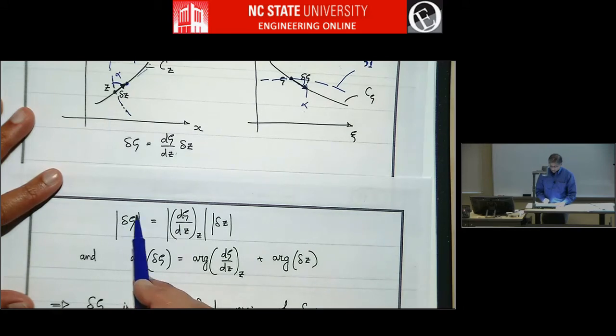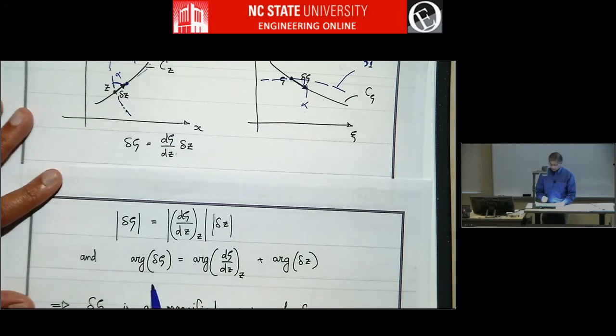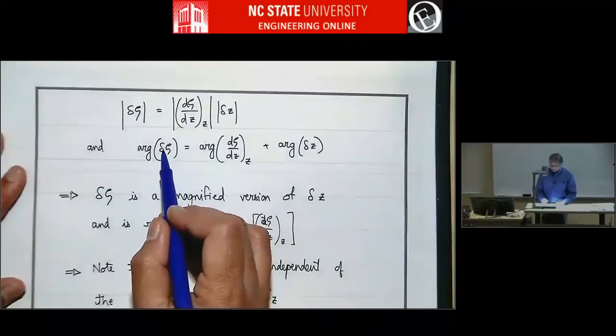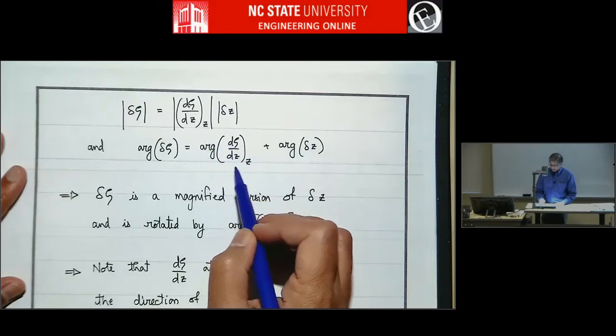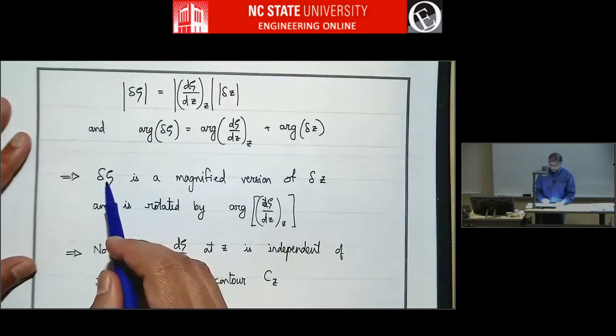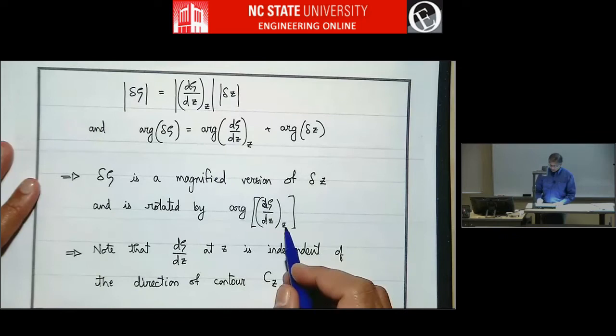The magnitude of delta zeta is the magnitude of delta z multiplied by this. So this is the amount of scaling. But then rotation is: the angle that delta zeta makes is the angle of delta z plus the argument of d zeta dz. So in other words, delta zeta is a magnified version of delta z and it's rotated by the argument of d zeta dz.